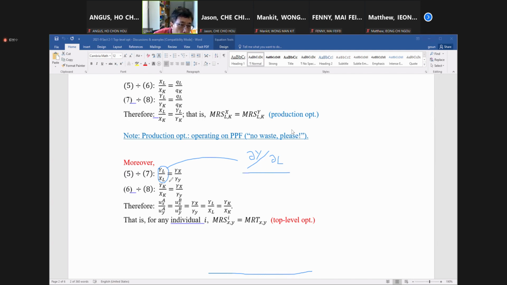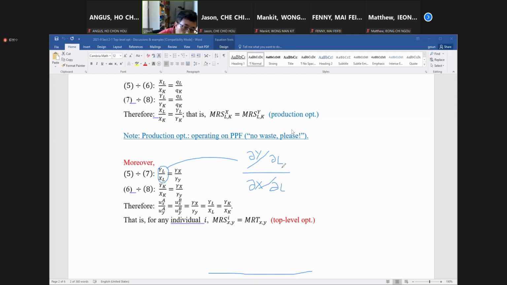This is the numerator. The denominator, X_L, is the marginal productivity of X, partial X over partial L.